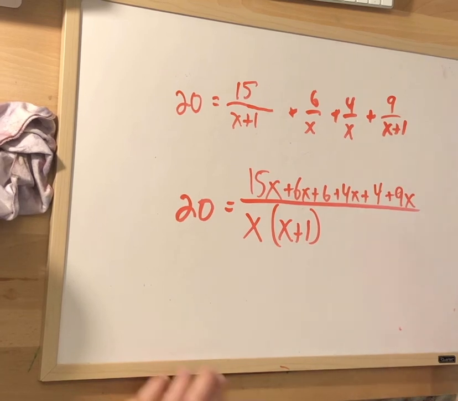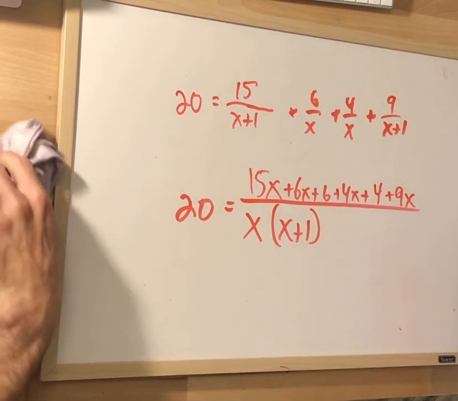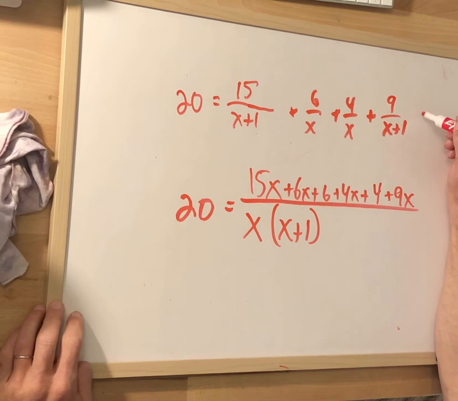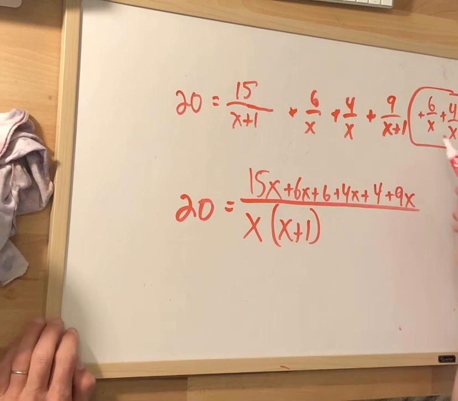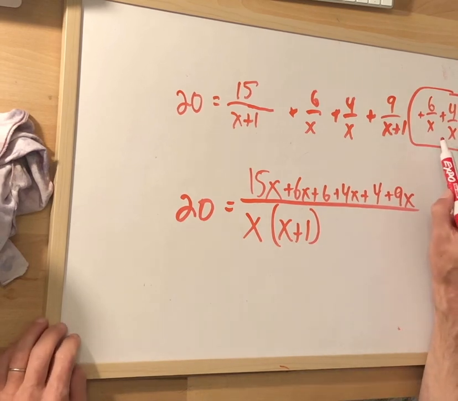Plus another 6 over x, and another 4x. This is the key factor right here, because this represents the bottom side that they don't give you.